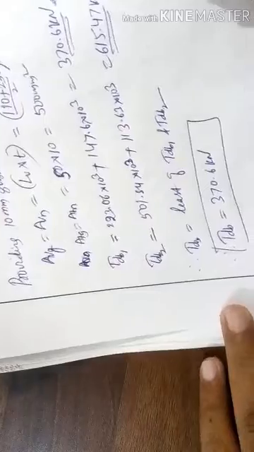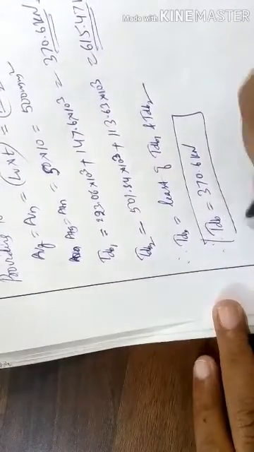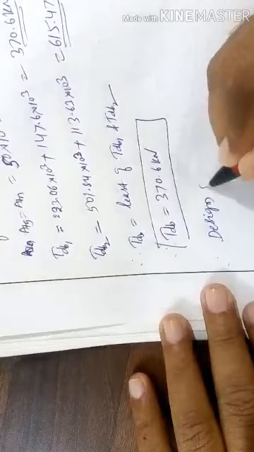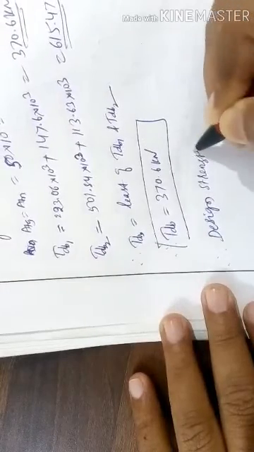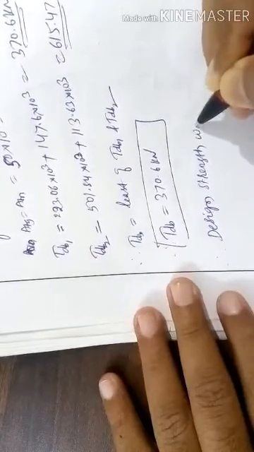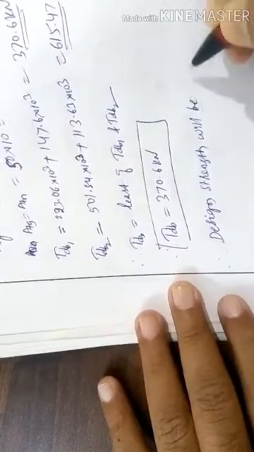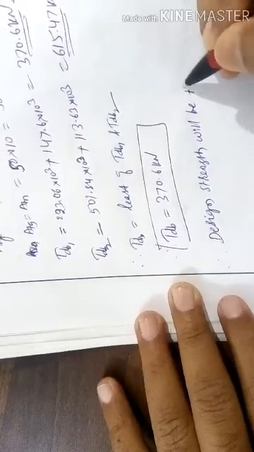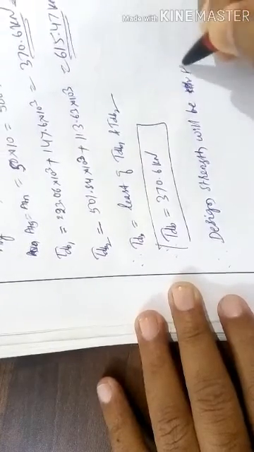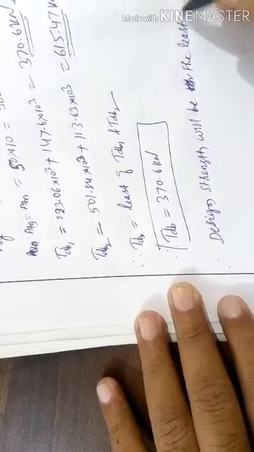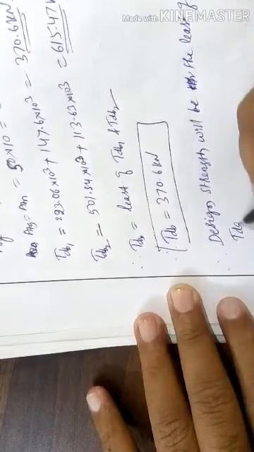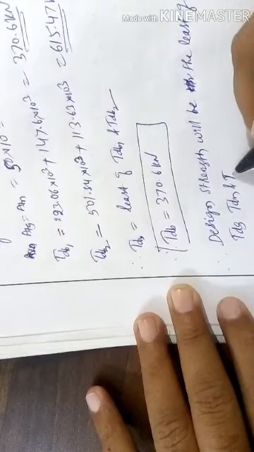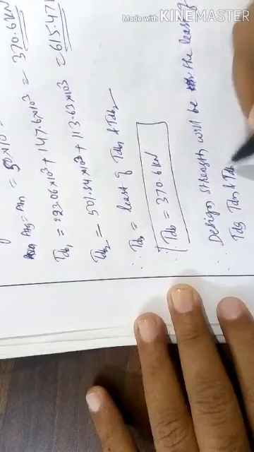Therefore the design strength will be the least of TDG, TDN and TDB.